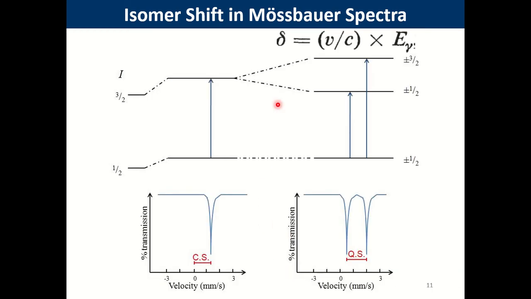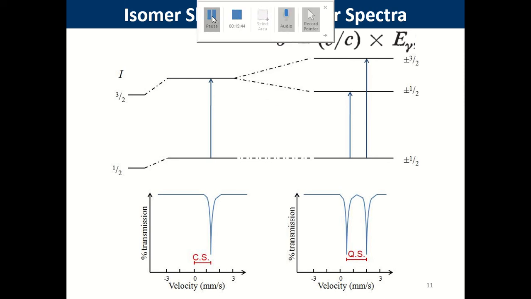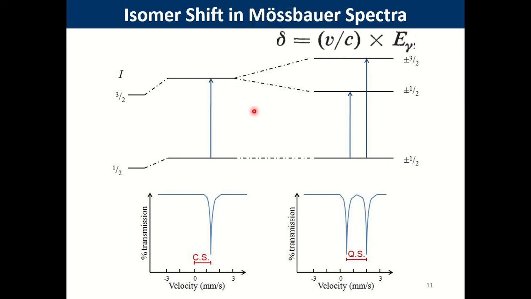So this is how we can relate the source velocity with the energy of the gamma ray and the isomer shift. All three are correlated over here. This is the source velocity, this is the energy of the gamma ray emitted, and this is the isomer shift. So all three are correlated to each other in this manner, and by performing this analysis, it is possible to know the chemical shift values as shown over here.